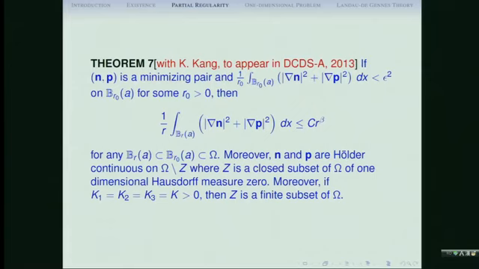In order to prove that, this is the result I proved. If n and p is a minimizing pair, and this energy is smaller than epsilon square, then for some r0 this one holds, which means your gradient is like c times r to the power beta, and by using Morrey's lemma, n and p are Hölder continuous.